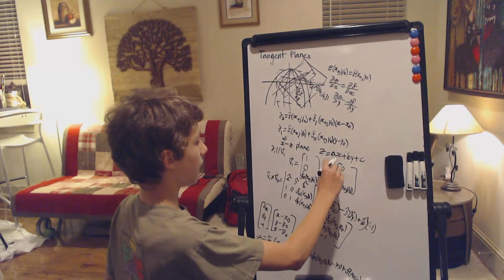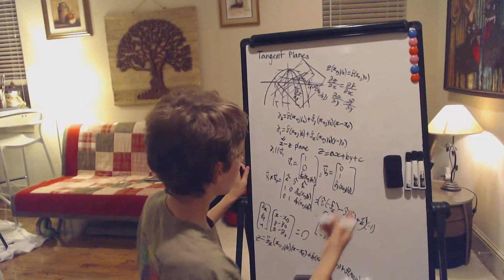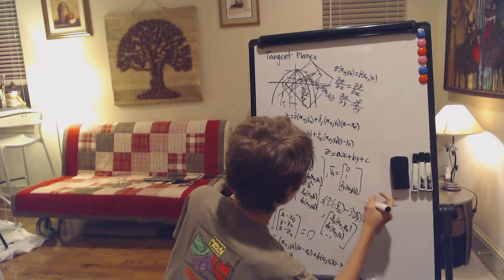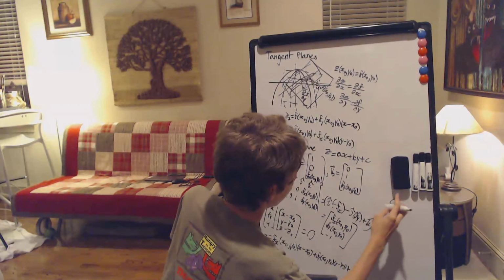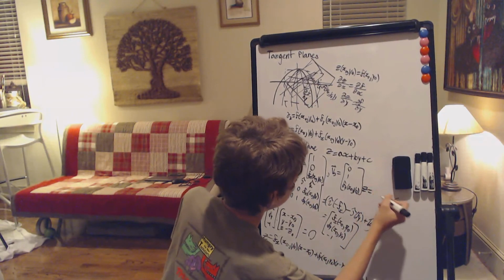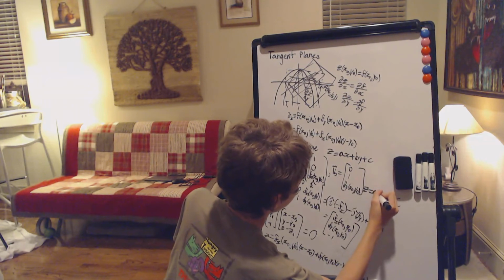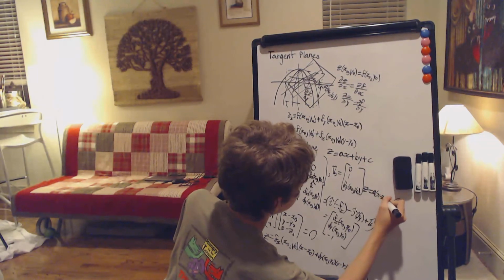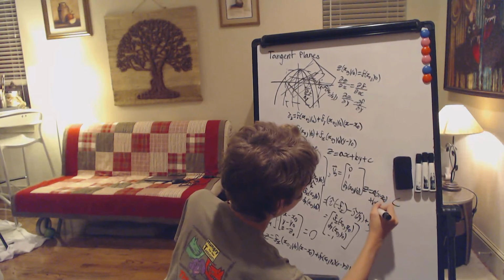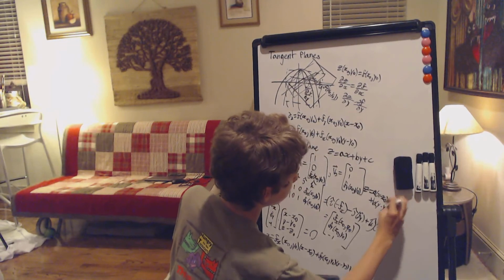And you can rewrite this a bit by defining a new constant, capital C. So we'll have z equals a times x minus x naught, plus b times y minus y naught, plus our capital C.